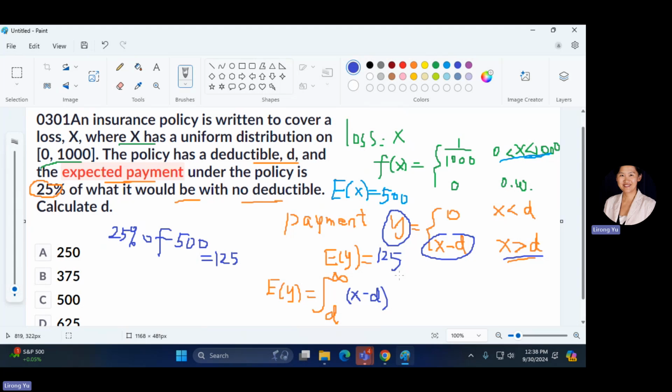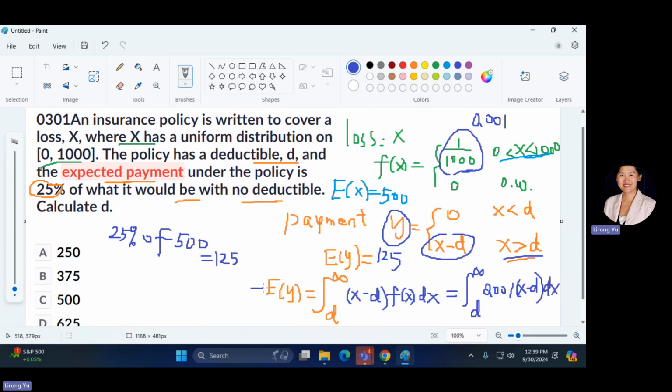Now Y essentially is a function of X, so we can just use the density function of X. So we're calculating the expectation of Y, assuming that Y is a function of X, applying the density function for X in the modeling of any value related to Y. Since the density is 0.001, this is equal to the integral from d to infinity of 0.001 times (x minus d) dx.